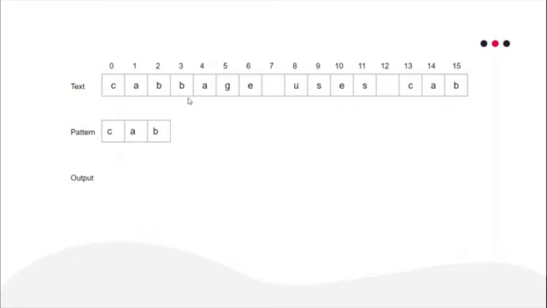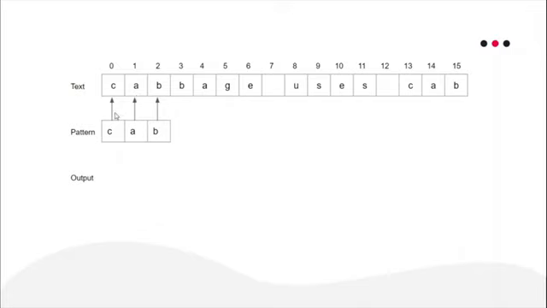Consider the text as the whole word and this as your window. The pattern will act as your window, and you can see only as much as your window allows, because you are seeing through your window. When you look at the pattern, only these three characters of the text are visible.